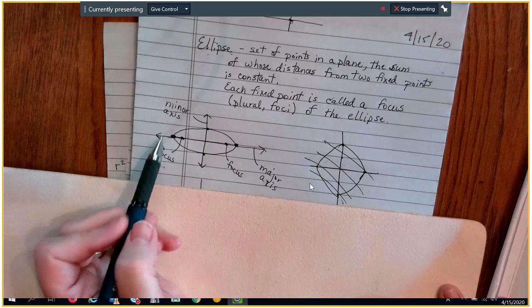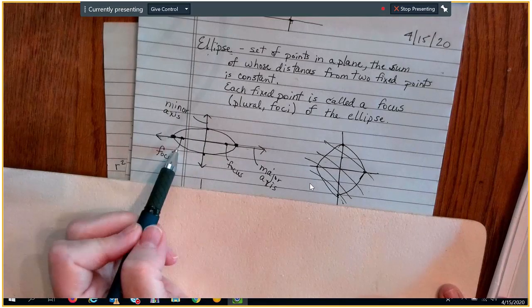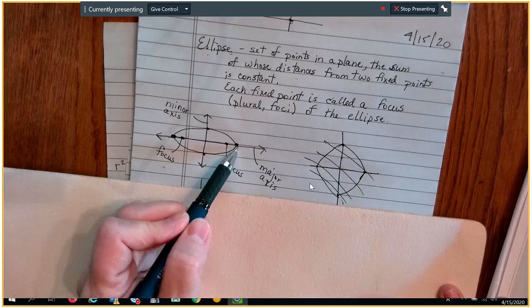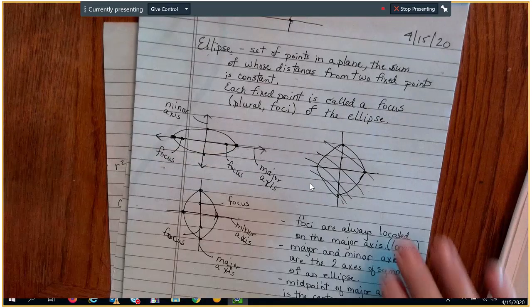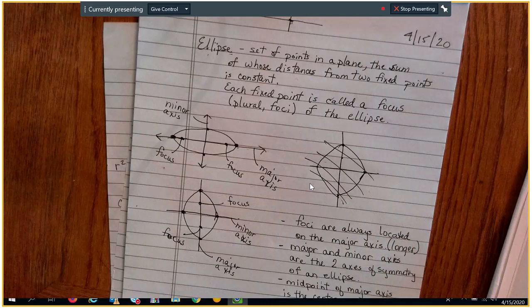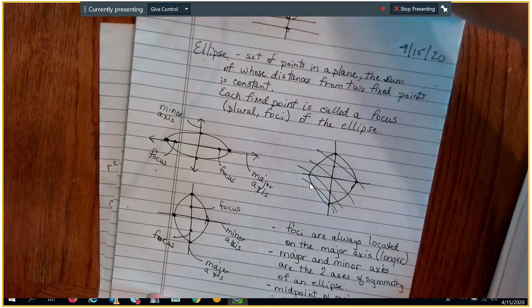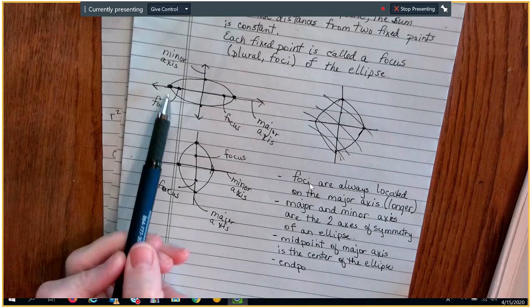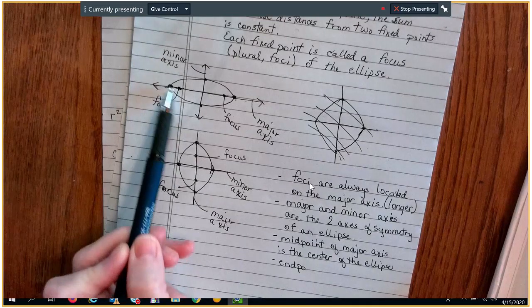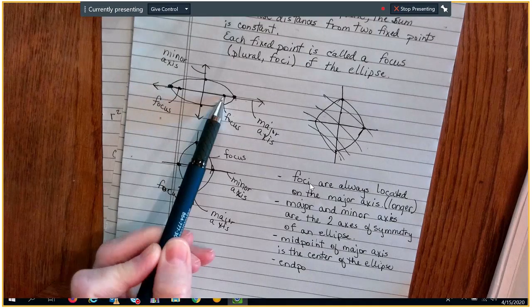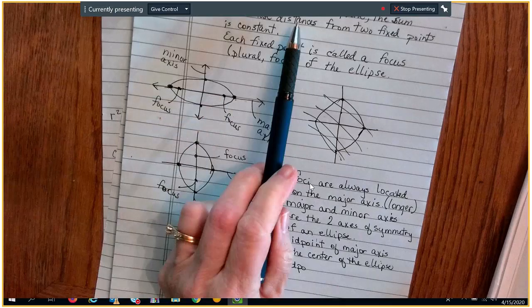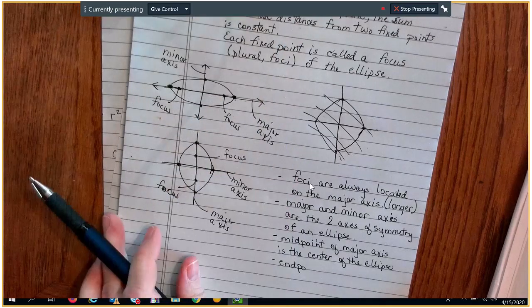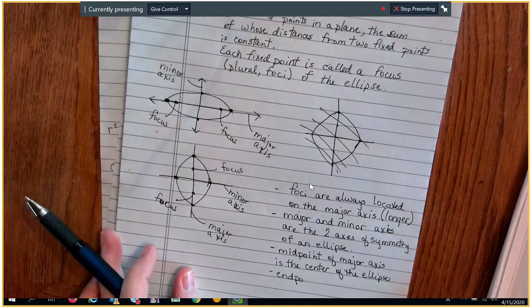The major axis is going to house the foci. The foci are going to be the same distance apart from each vertex, and these are the 2 fixed points that we're talking about up here in the little definition.